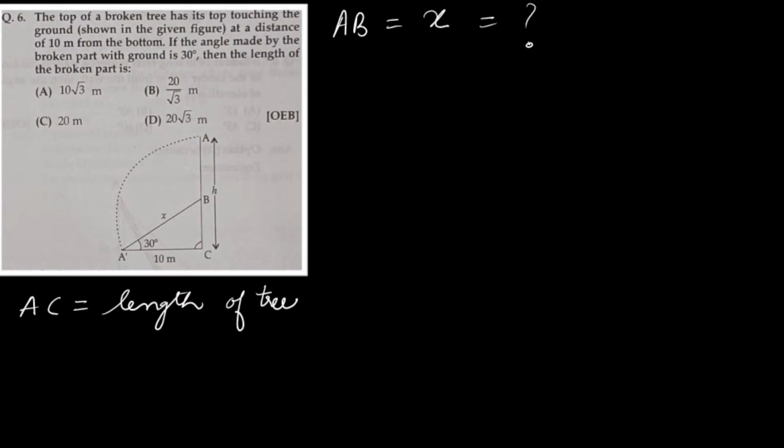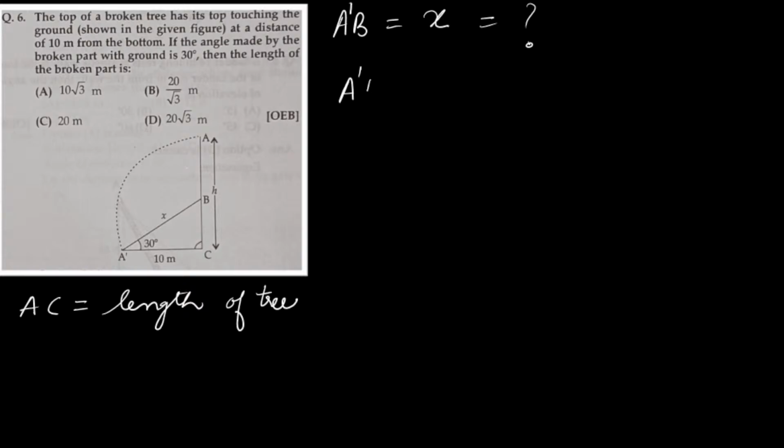A dash B is equal to AB. First of all, you have to understand that we have to find this A dash B. This point at the ground is A dash B. So this is X, that is what we have to find.